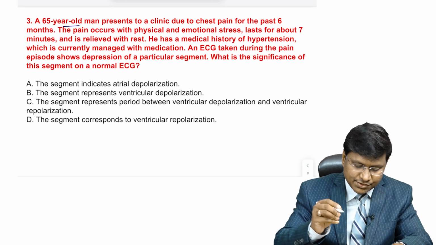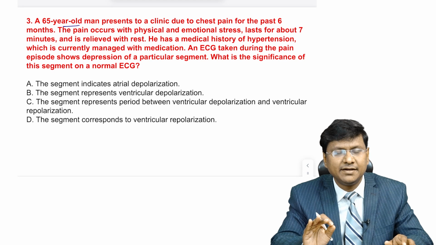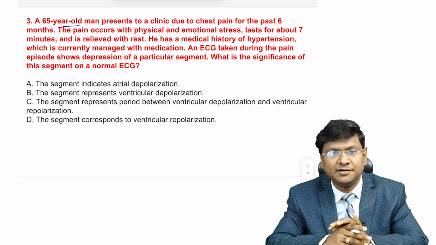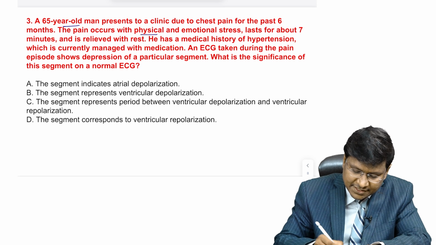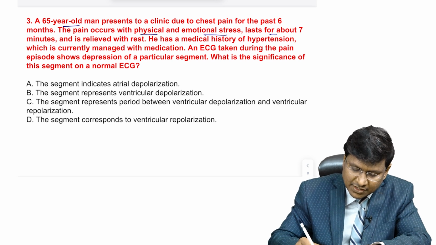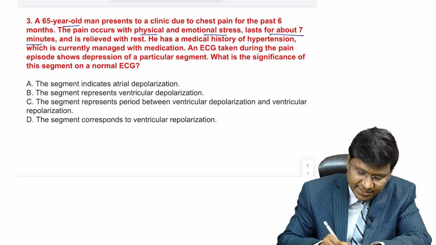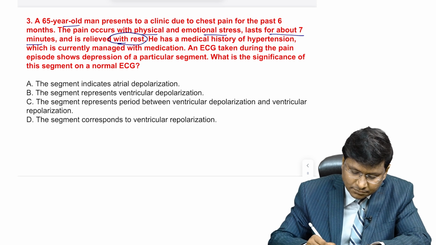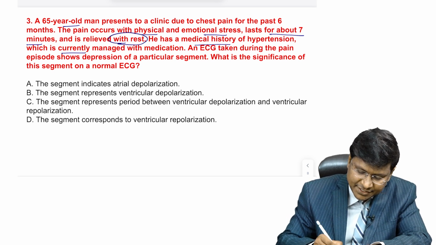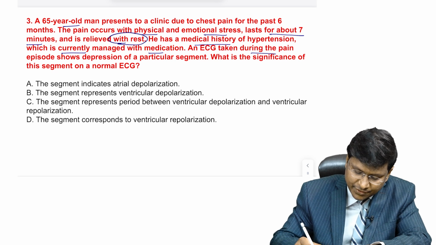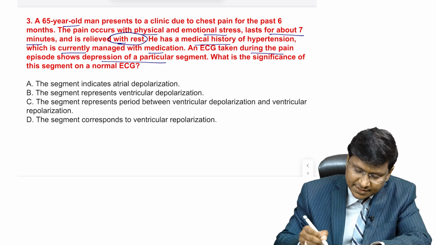The next question is, a 65-year-old man presents to a clinic due to chest pain for the past 6 months. The pain occurs with physical and emotional stress, lasts about 7 minutes, and is relieved with rest. He has a medical history of hypertension, currently managed with medication, and ECG taken during the pain shows depression of a particular segment.